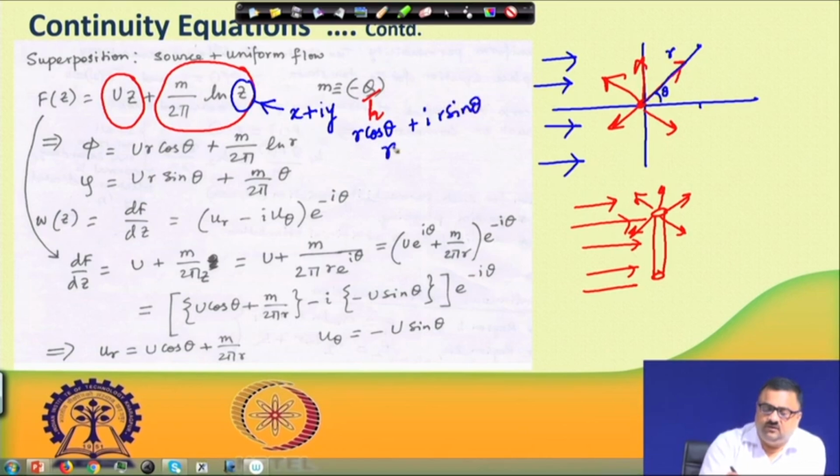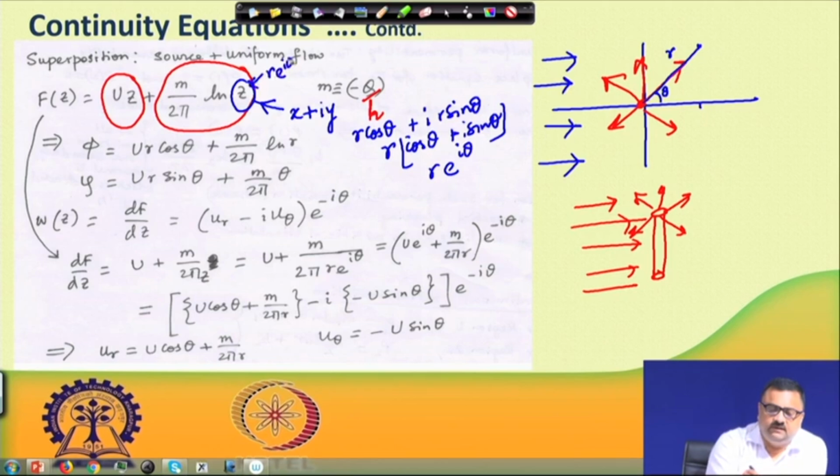So, we had taken r common and we had written it as cos theta plus i sin theta, which by Euler's theorem we have used as r e to the power i theta. So, we have put this in ln z; instead of z we put r e to the power i theta.